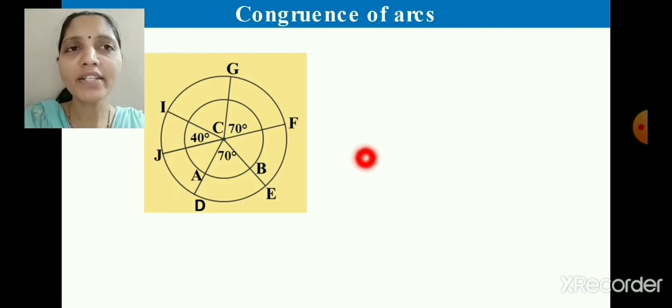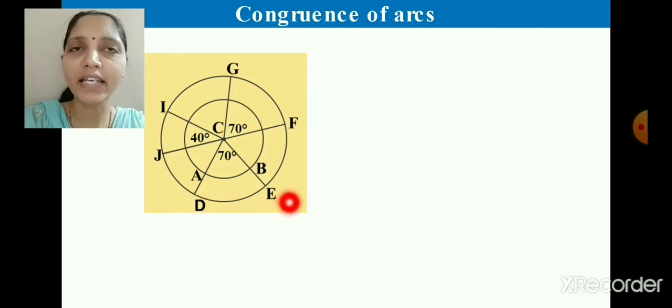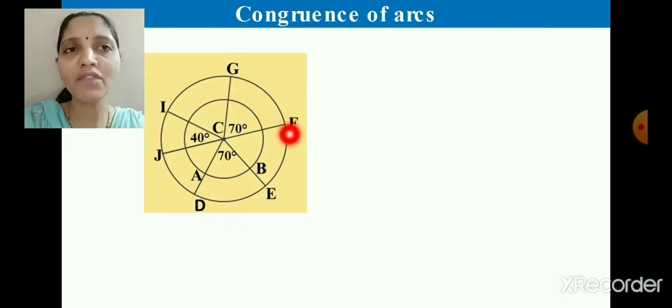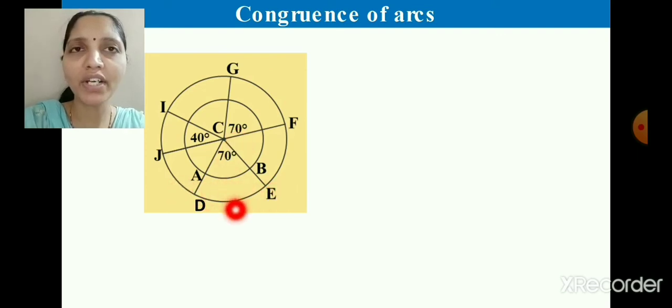Now let's consider arc GF and arc DE. Arc GF is 70 degrees and arc DE is also 70 degrees. These two arcs have the same measures. So if you cut these two arcs, can they coincide? Yes, they can coincide.